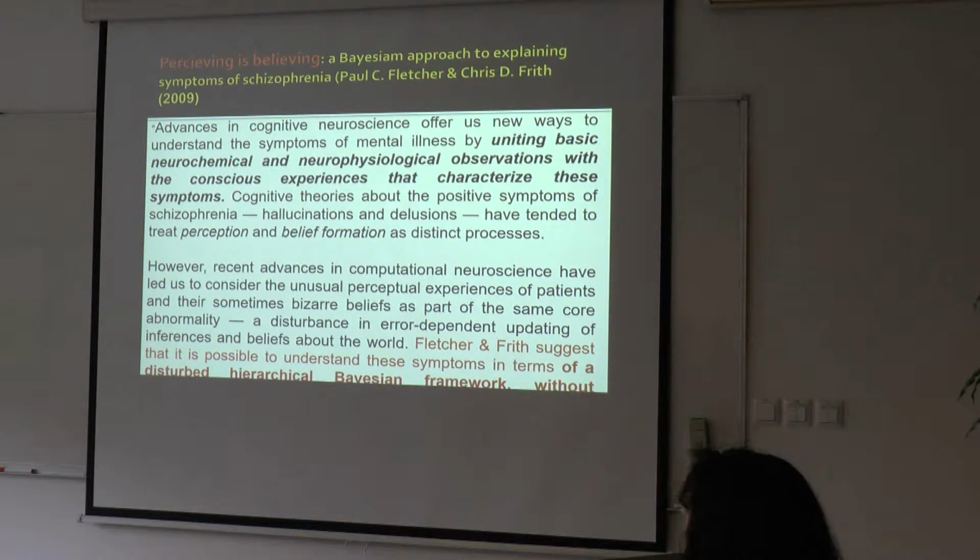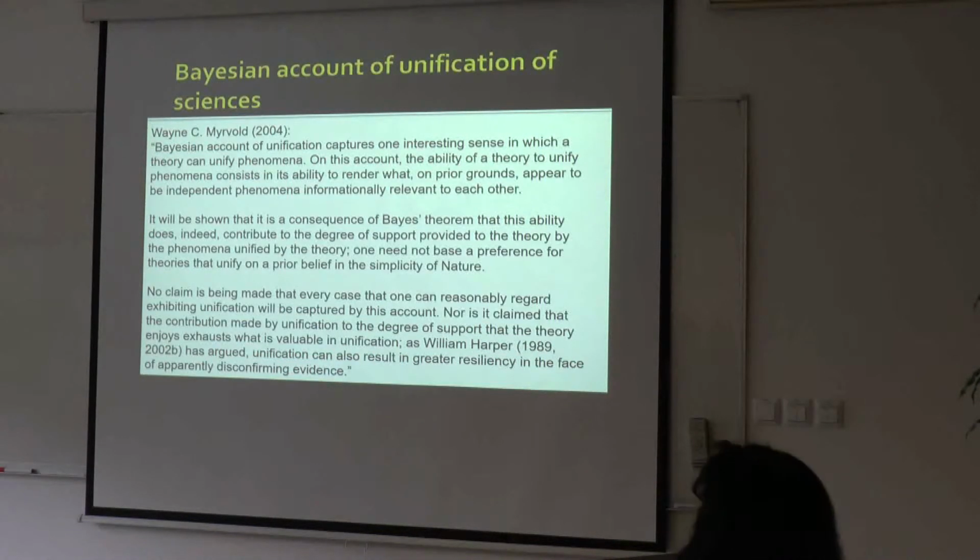Cognitive theories about the positive symptoms of schizophrenia, which are hallucinations and delusions, have tended to treat perception on the one hand and the formation of belief on the other hand as distinct processes. However, recent advances in computational neuroscience have led us to consider the unusual perceptual experience of patients and their sometimes bizarre beliefs as part of the same core abnormality, a disturbance in error-dependent updating of inference and beliefs about the world.